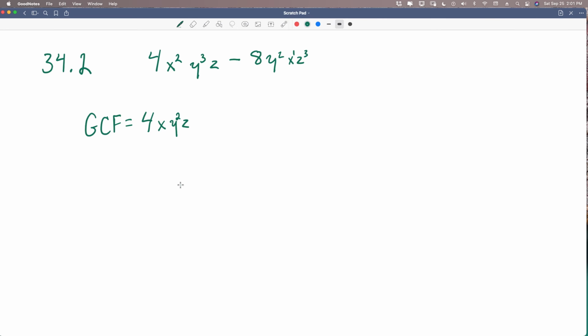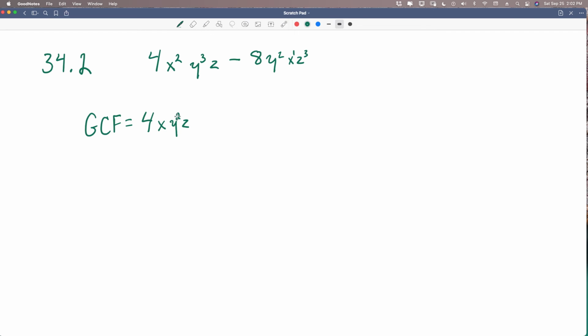So this is going to be our greatest common factor between these two terms, because we can look and we can get 1x out of both, 2y's out of both, and 1z out of both. If I had made this z squared, it wouldn't be common because there's only z 1 time here. So it's all about the exponent.